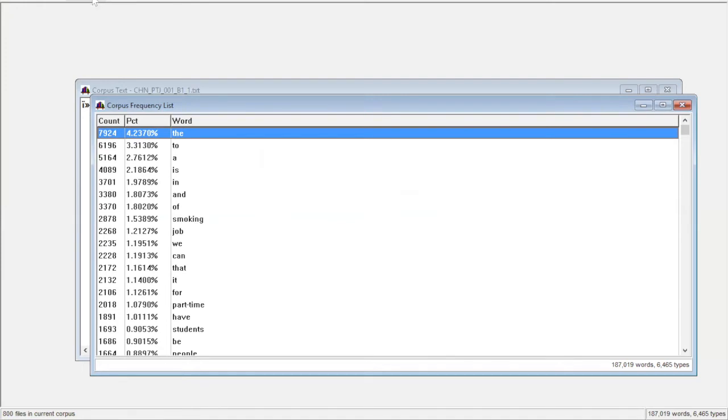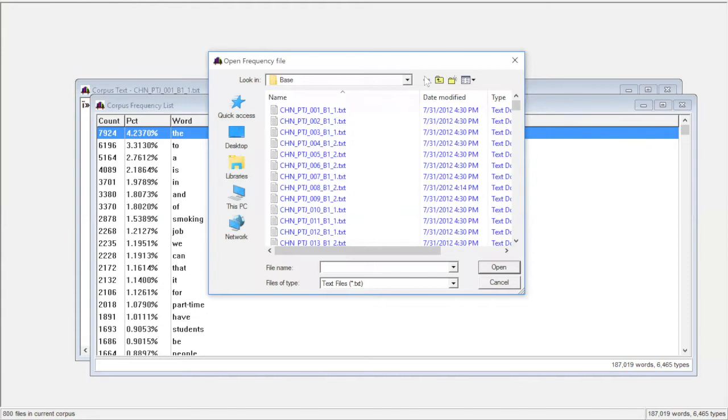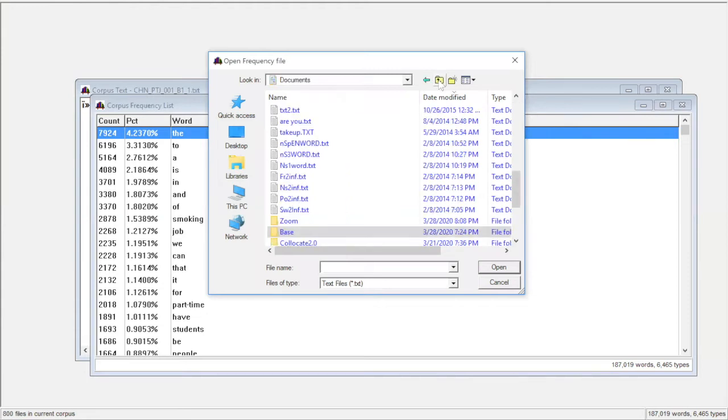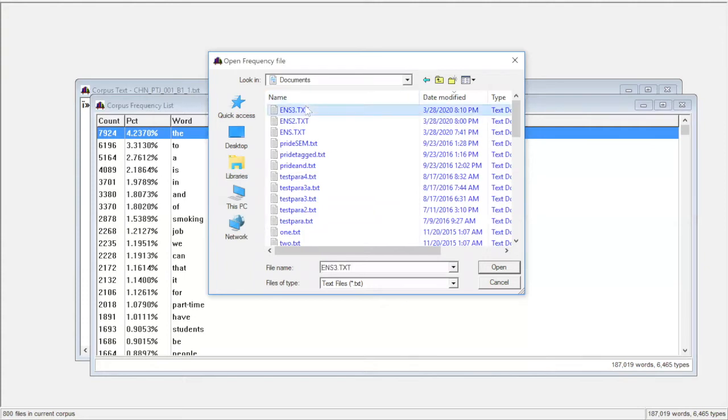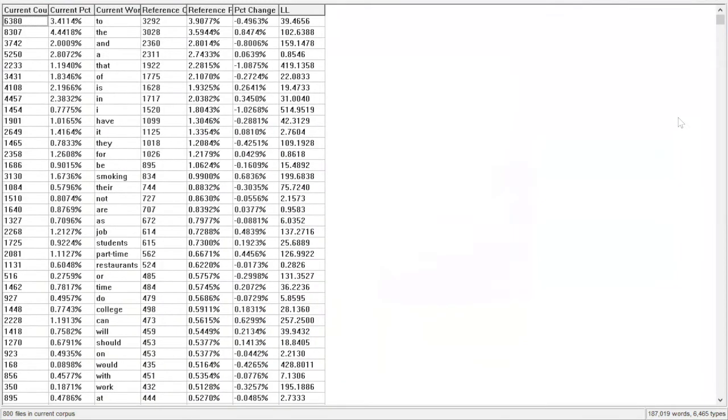And so now we do the corpus comparison. It's going to ask where the file is for the reference corpus, and that's here. So we click that and we get the big, messy table.